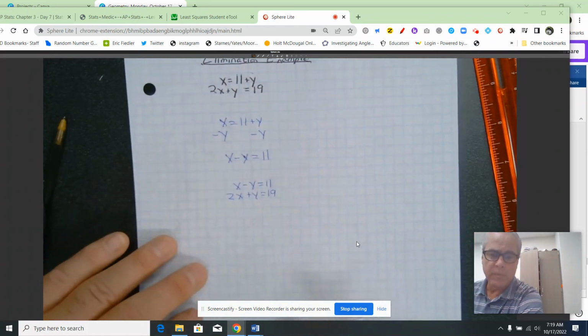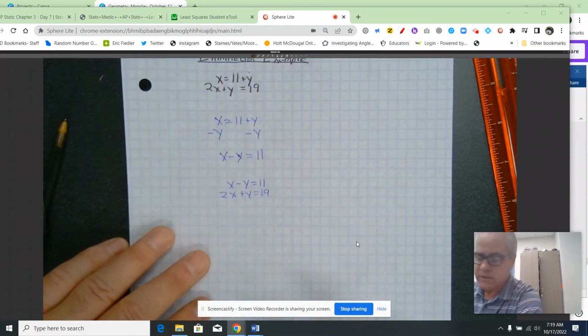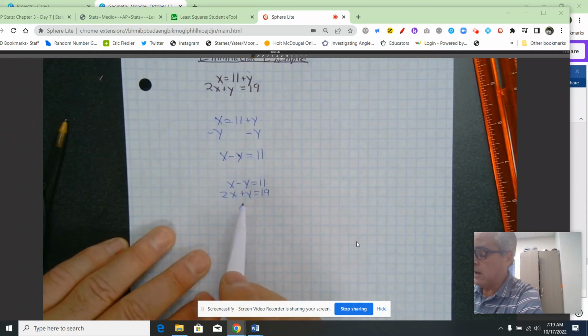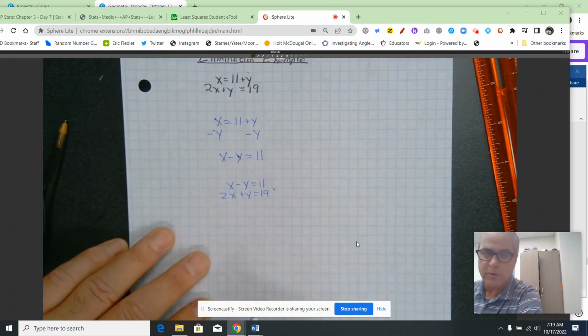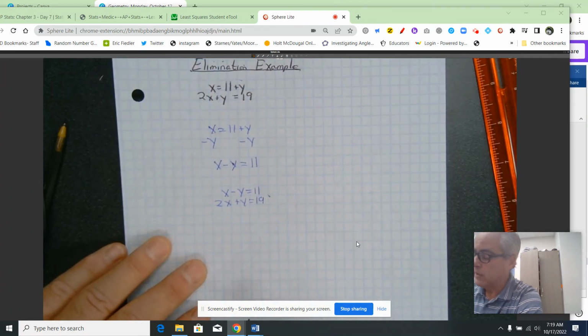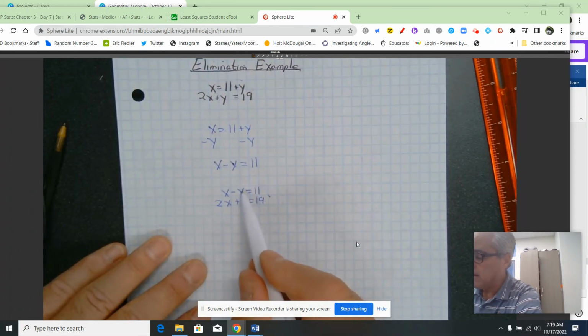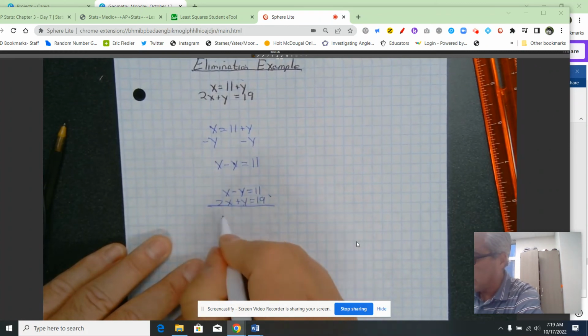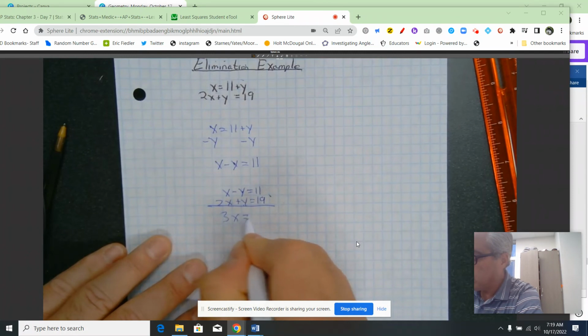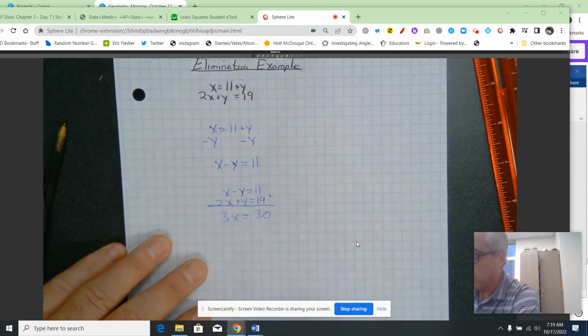Now, here's the deal. This is probably my favorite method once you get used to it. I need to do some mathematical operation where I add or subtract these two equations and get a variable to eliminate. That's why it's called the elimination method. Notice I have a negative y and a y here. If I just add these two equations, look what happens. The y's go away. I get 3x equals 30.